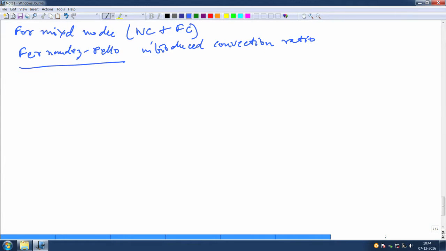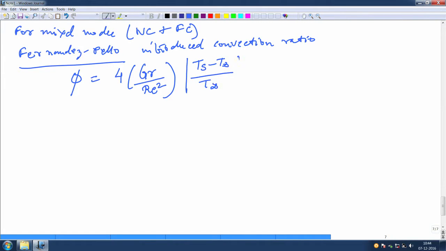There are many people who have worked, we have just picked out one example, right. So, he defined a convection ratio called phi, not to be confused with the other phi's that we did earlier, when we compared the Sherwood number and the Nusselt number in the previous lecture. So, this basically is like a Grashof number divided by Reynolds number square, times (Ts minus T infinity) divided by T infinity. There is a parameter A over here.